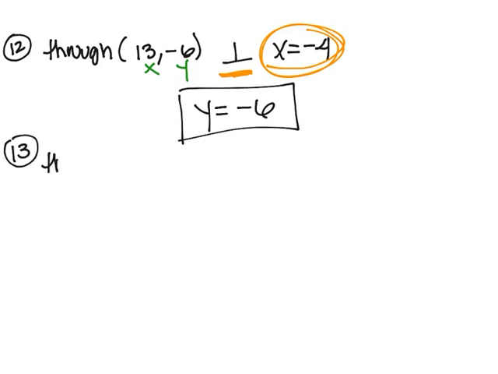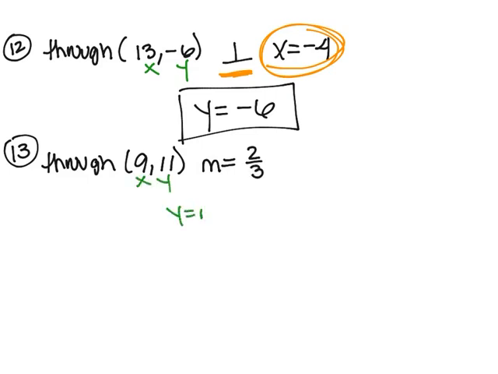13. Write the equation of a line that's going through the point (9, 11), and it has a slope of 2/3. So this is just straight plug in to y equals mx plus b. So our y number is 11, our m is 2/3, x is 9 plus b.